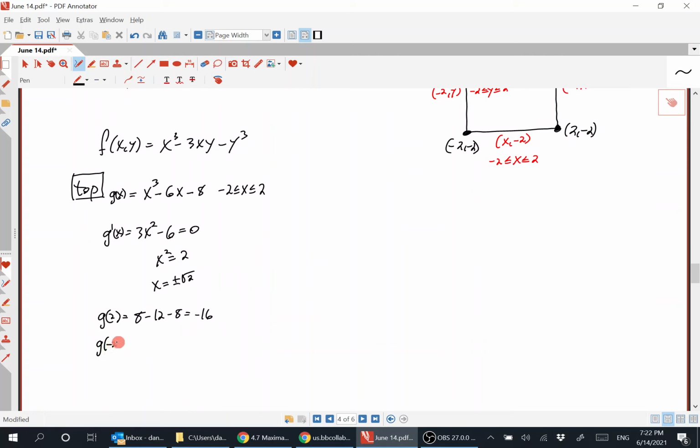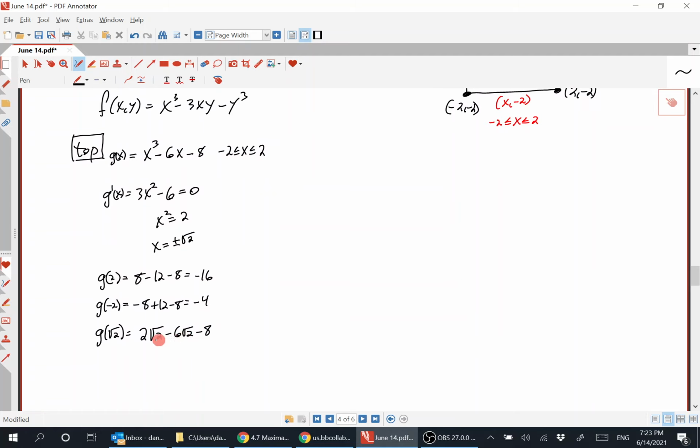And then g of negative 2 is equal to minus 8 plus 12 minus 8. So minus 16 plus 12 is minus 4. Then g of square root 2. So that is 2 root 2 minus 6 root 2 minus 8.